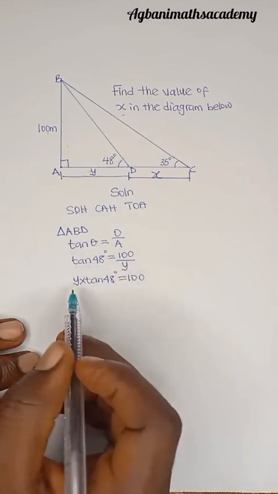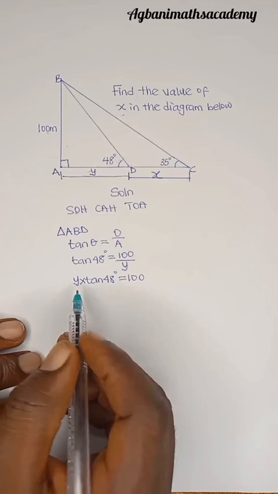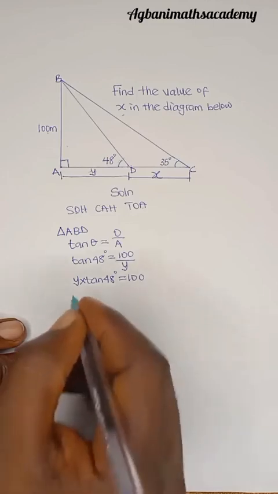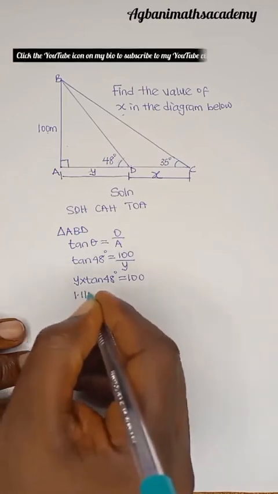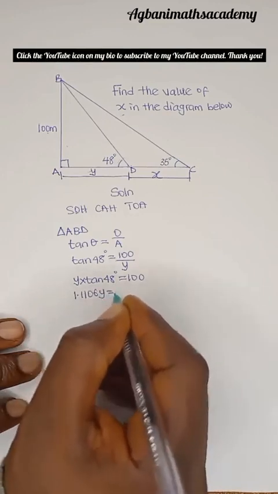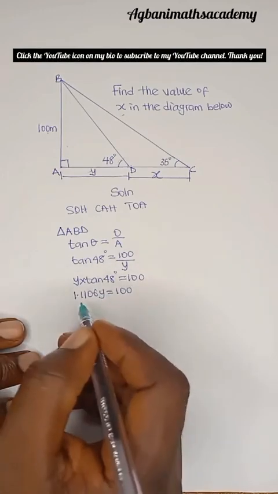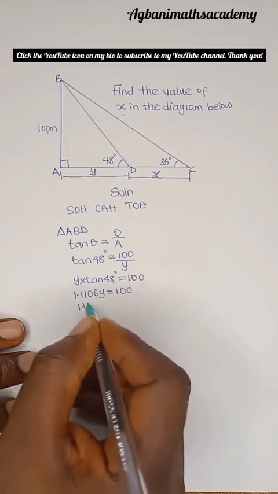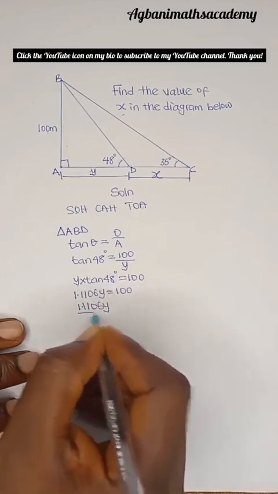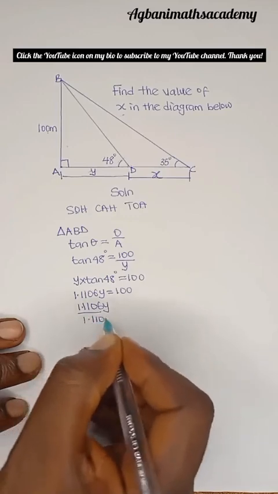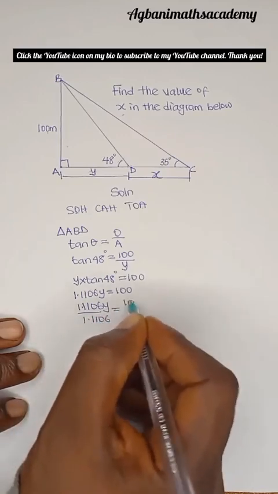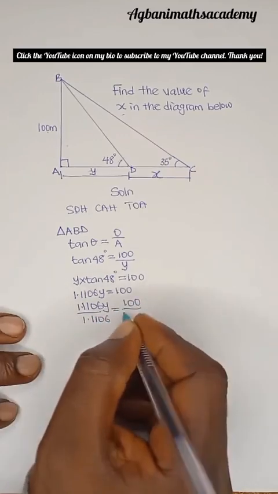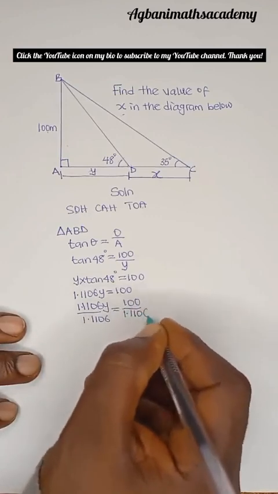Okay, so tan 48 degrees is going to give us 1.1106. So 1.1106y is equal to 100. So we're going to divide both sides by 1.1106. 1.1106y all over 1.1106 is equal to 100 all over 1.1106.